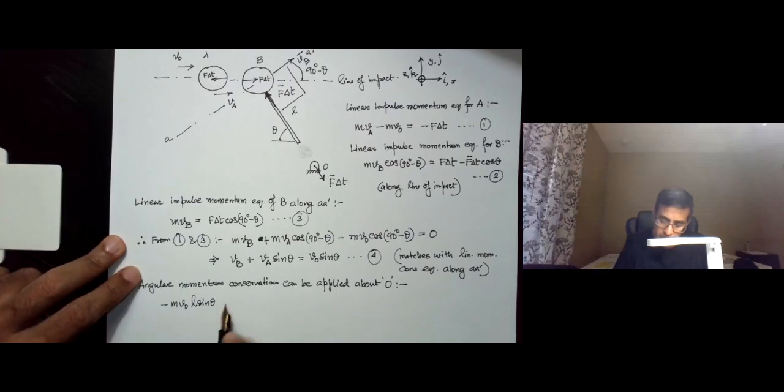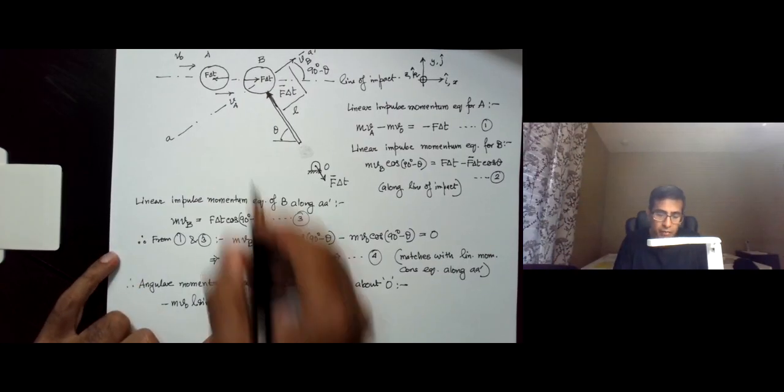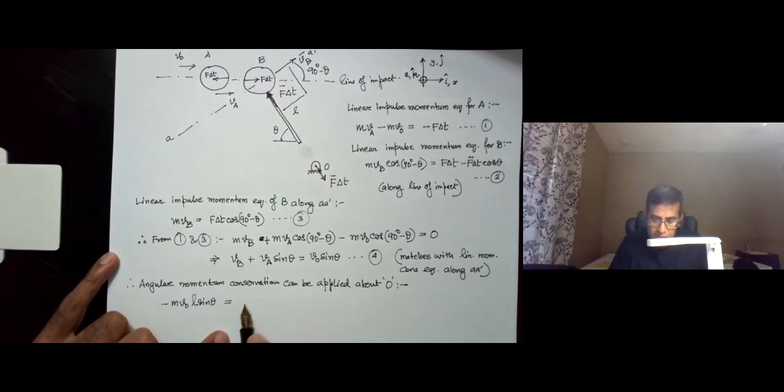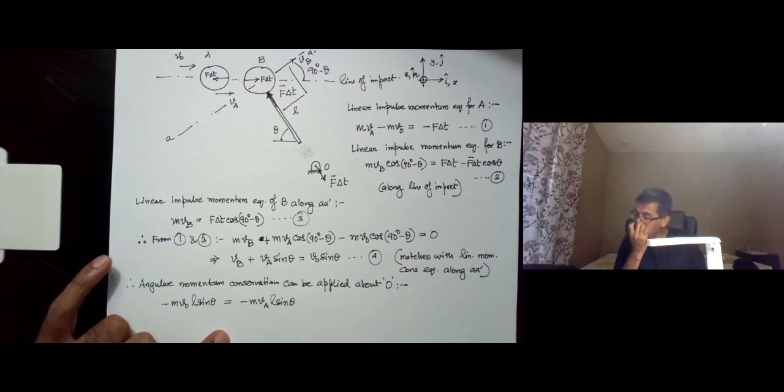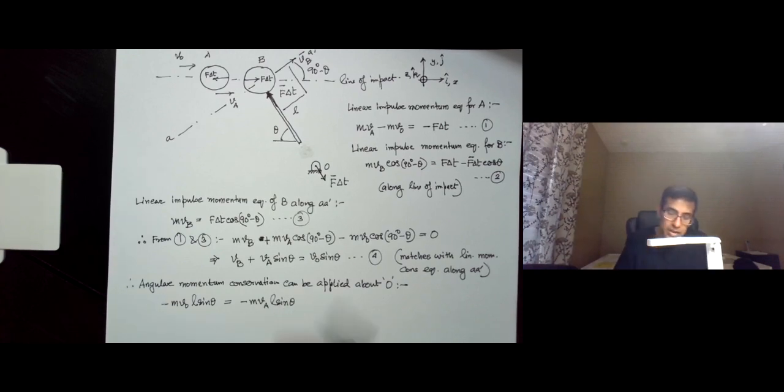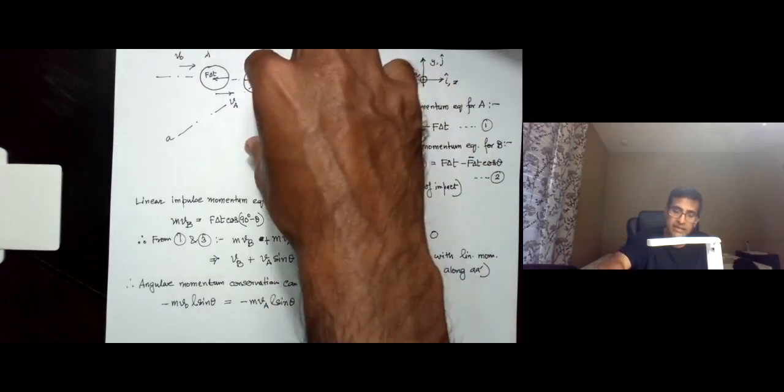And what is the angular momentum of A after the collision? It is negative mvA L sine theta, because we assume that A is moving towards the right after the collision. So it has a momentum of mvA in the positive direction, and the arm length is L sine theta.